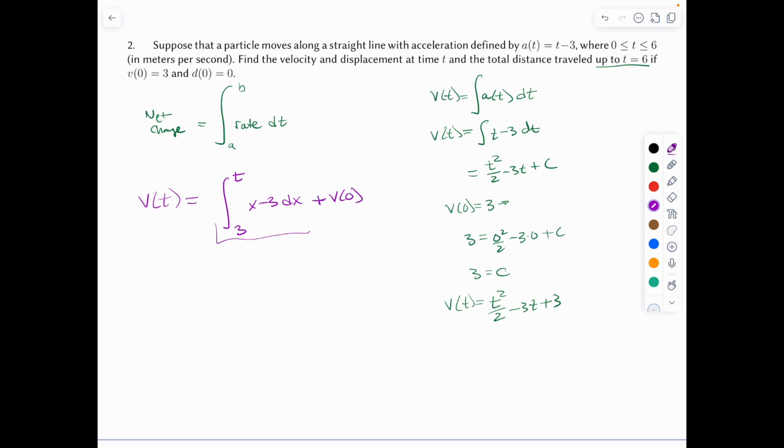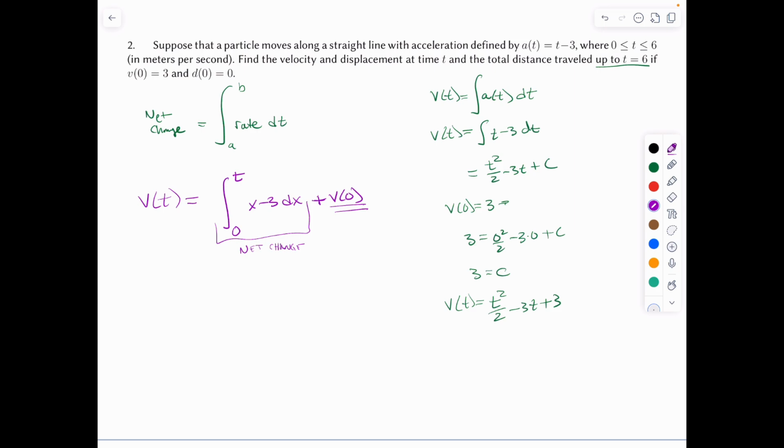So this is the net change in velocity, and that is the starting point. So that's essentially how this shook out, is that we actually just did that, and it's kind of all masked, if you will. Oh, sorry, not from 3, from 0. Had 3 on my brain, because the starting points are given at 0.